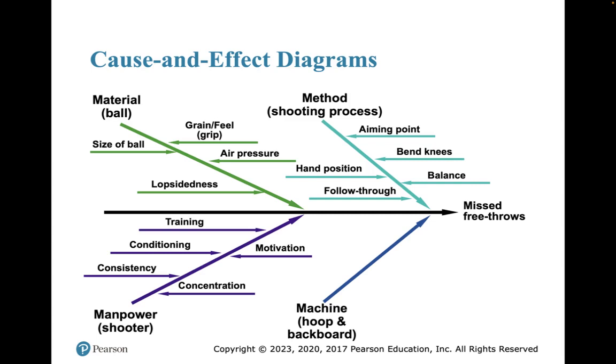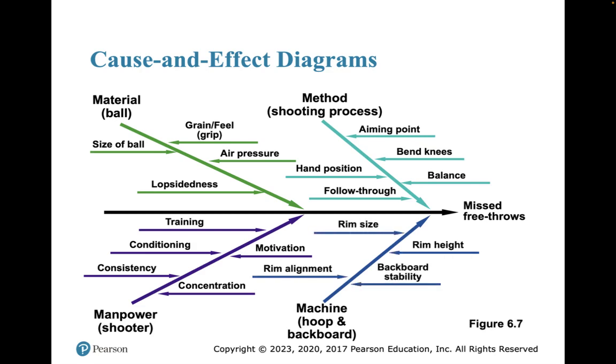Maybe we're getting tired after the last couple free throws, or maybe we're not motivated or inconsistent. Those are all issues we have to think about. We're also part of the cause of this missing free throw situation. And then finally, maybe the equipment itself, so the backboard and the hoop. Is it perhaps misaligned in some way? Is the height correct? Those are some causes as well.